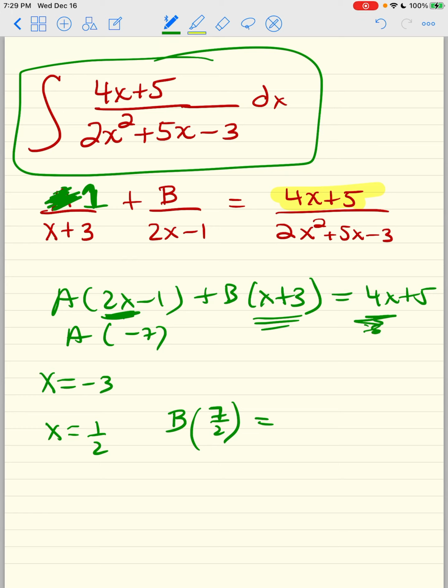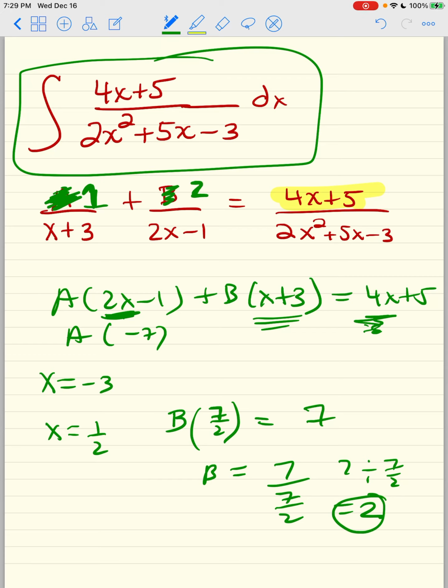So 1/2 times 4 is 2, that's 7. If you divide 7 by 7/2, keep, change, flip, and you get the number to be 2. So this is going to be 2. So I hope everybody sees that.